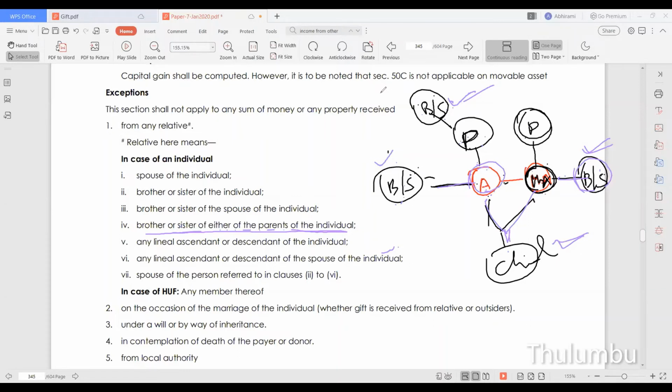Only these people, if they gift you, it is exempted. Anyone other than these giving a gift, it is taxable. In case of HUF, any person, that is, any member, is considered a relative.